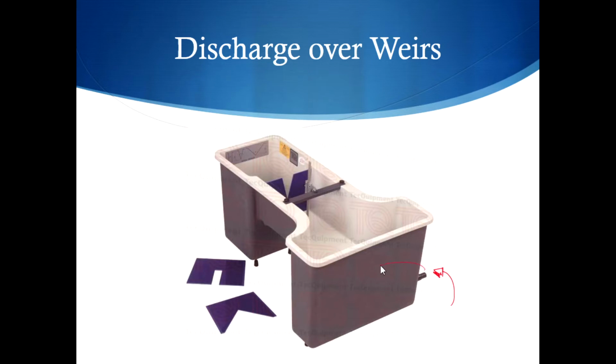It will fill this left part of the tank, and the flow will go in this direction. When it finds the weir, all the flow will go inside of the weir, and then it will discharge into the other part of the tank and into the hydraulic bench, and then it will recirculate. The hydraulic bench has a pump underneath, so it basically recirculates the flow.